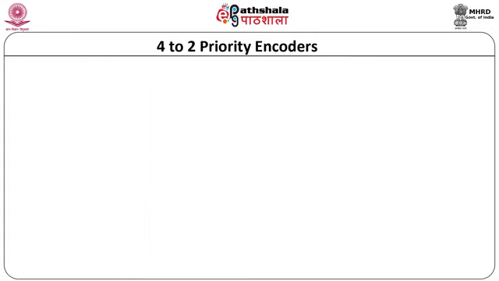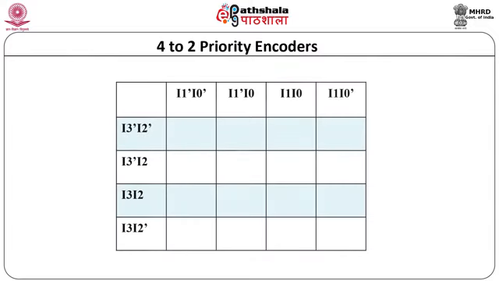Let us now prepare a K-map for this priority encoder. I3, I2 provides the rows and I1, I0 forms the columns. Let us first prepare the K-map for output Y1. All the output values are placed for each possible input.